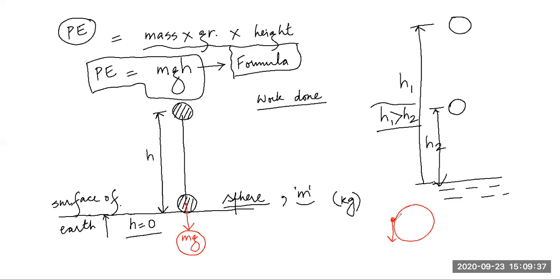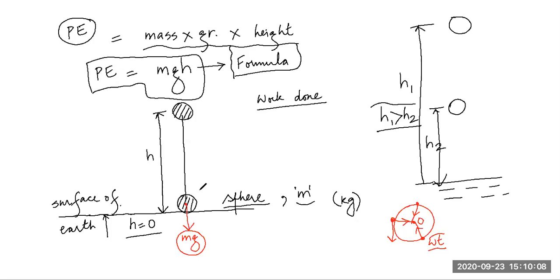No, towards the center of the earth. All the bodies on the surface of earth, their weight is always towards this point O, the center of the earth. This weight is acting downwards, am I right?